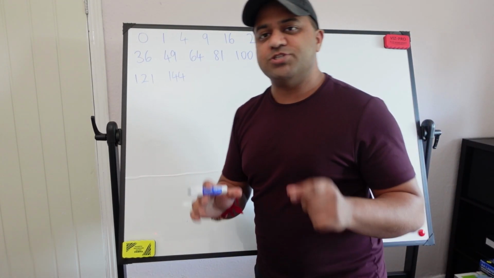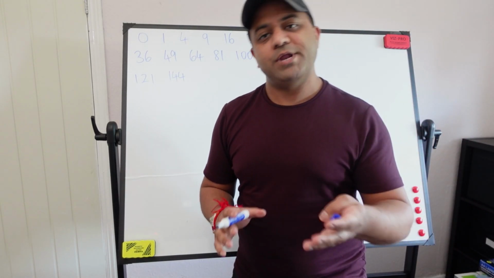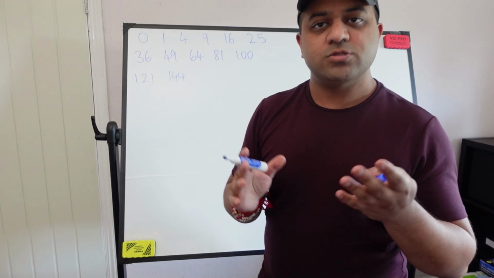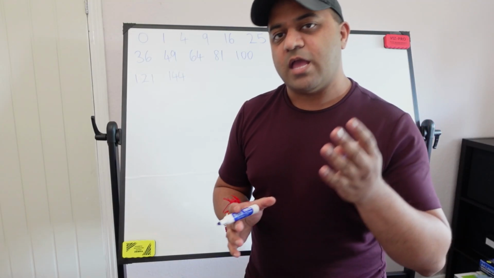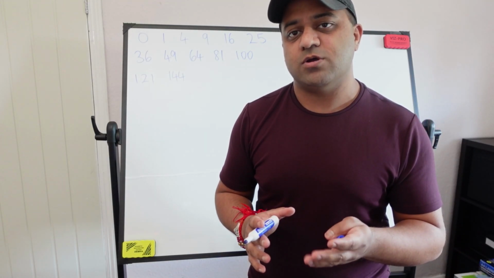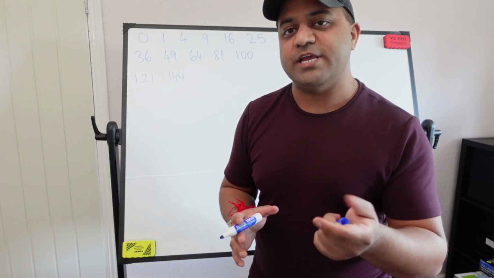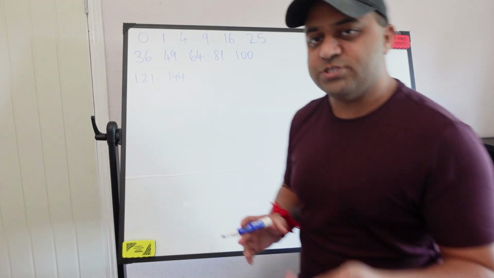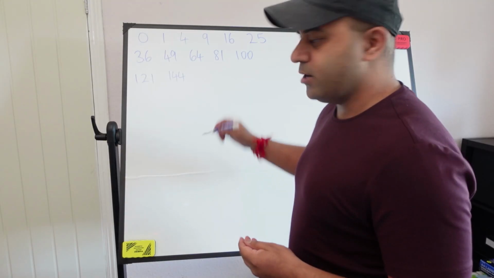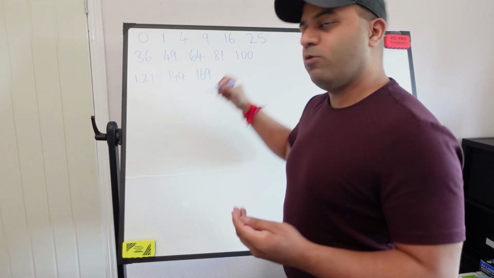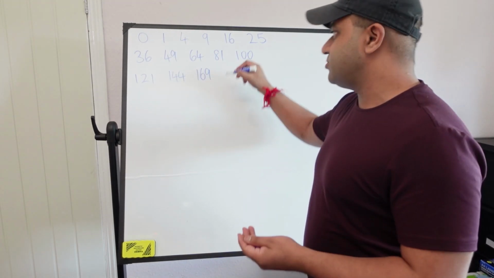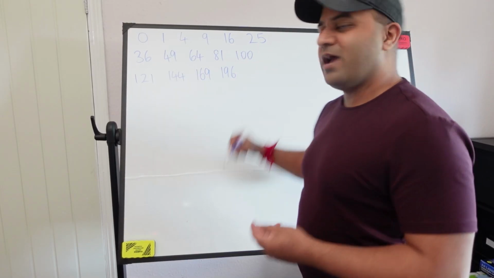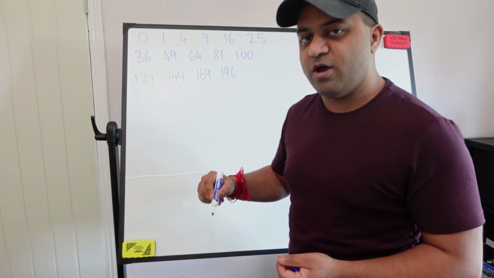So I'll pause here just to say, you should already know these numbers because of your times tables. If you've watched my previous videos on the 13, 14 and 15 times table, you'll be able to do a bit more. So 13 squared is 169. 14 squared is 196, and 15 squared is 225.